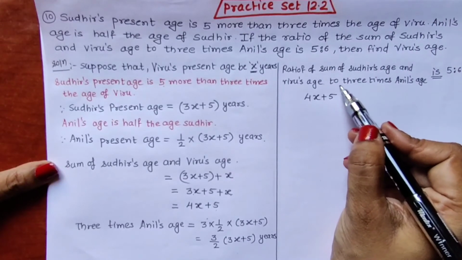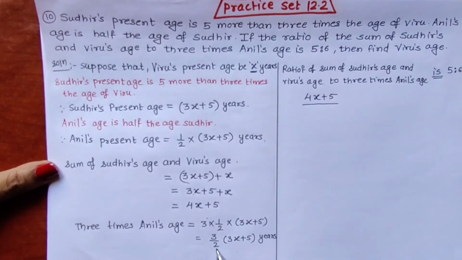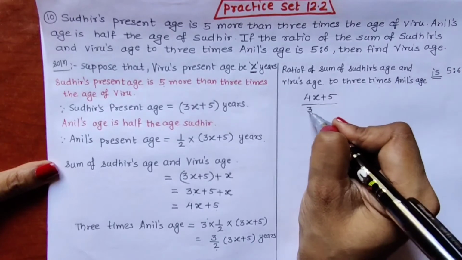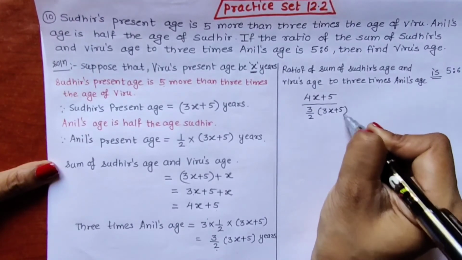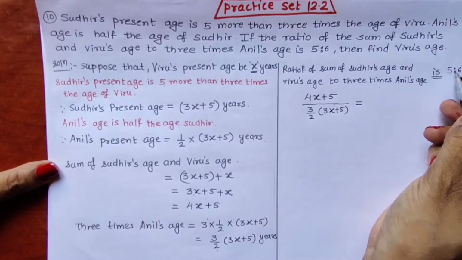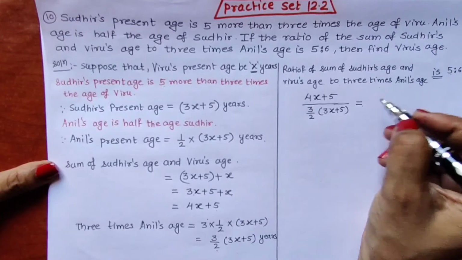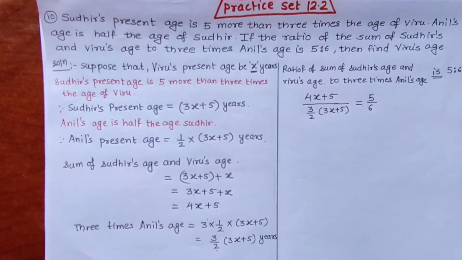Upon, 3 times Anil's age. 3 times Anil's age we got 3 upon 2 into 3x plus 5. So in this way we have got this ratio, and this ratio is equal to, is means equal to 5 ratio 6. That means 5 upon 6. So in this way we have got the equation.